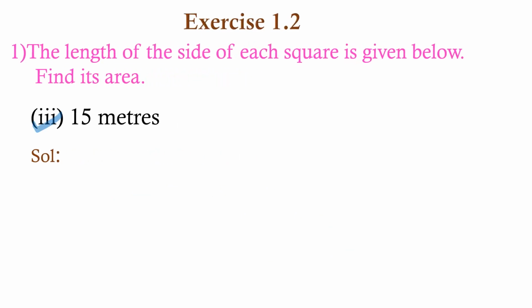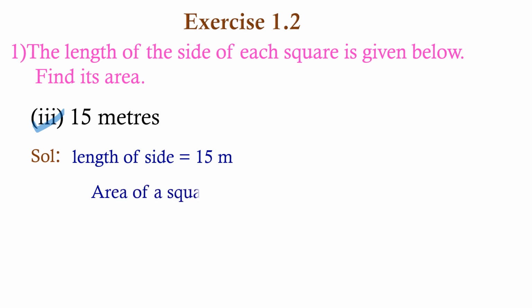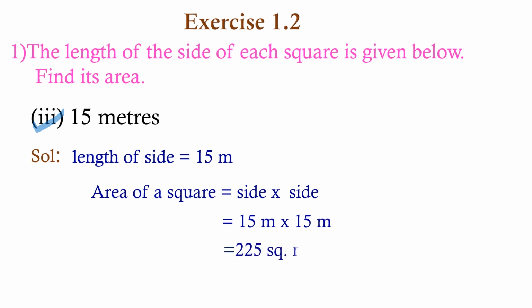Third sum, if the side of each square is 15 meters, find out what is its area. So write down length of side equal to 15 meter and formula for area of a square equal to side into side is equal to 15 meter into 15 meter is equal to 225 square meter.